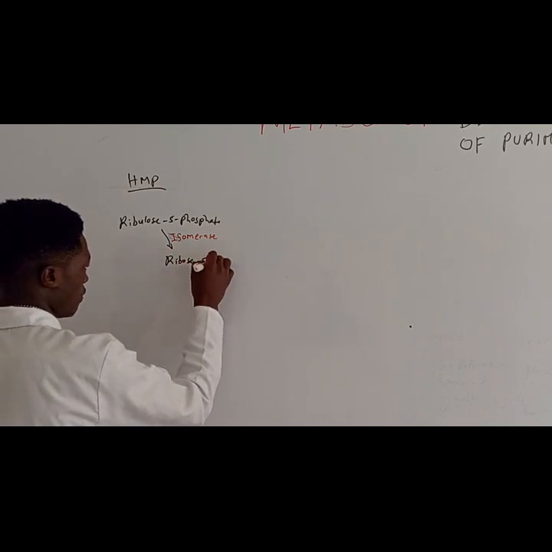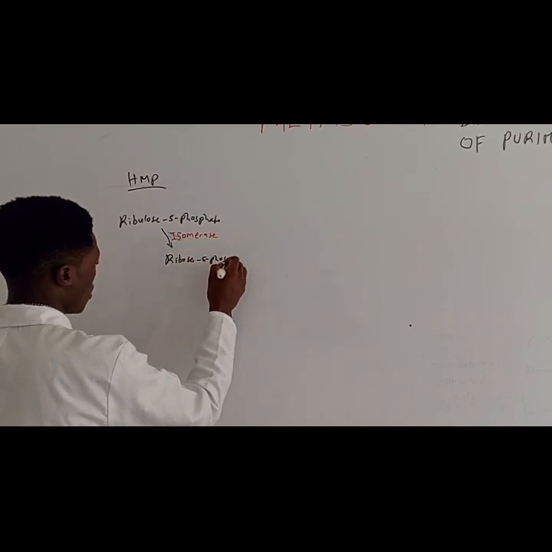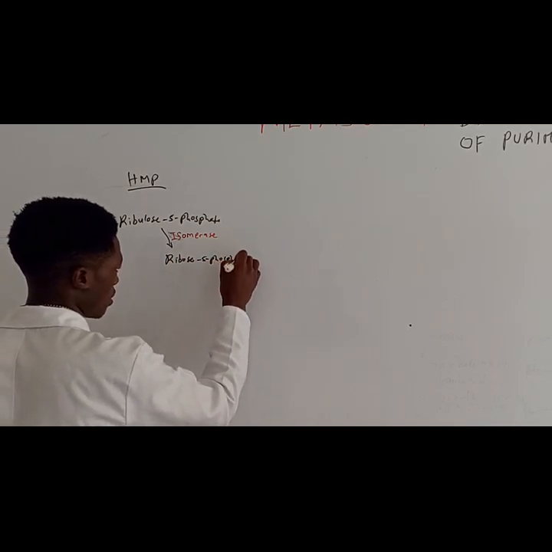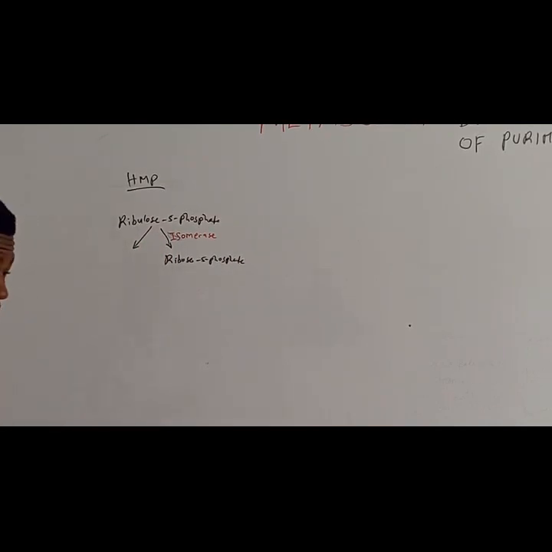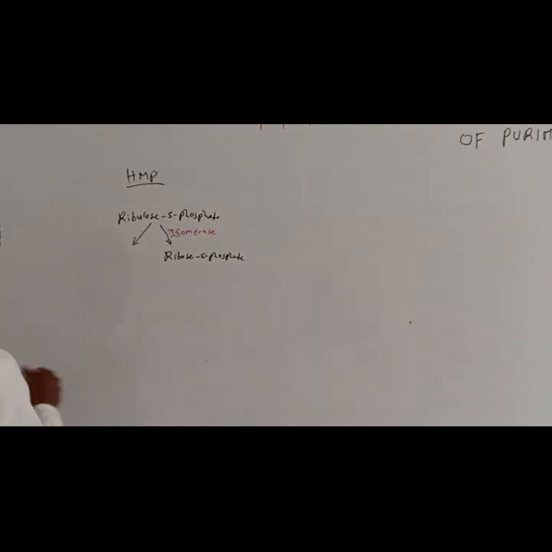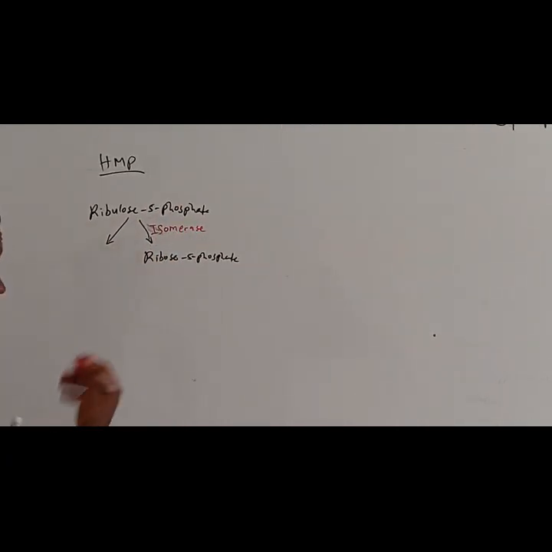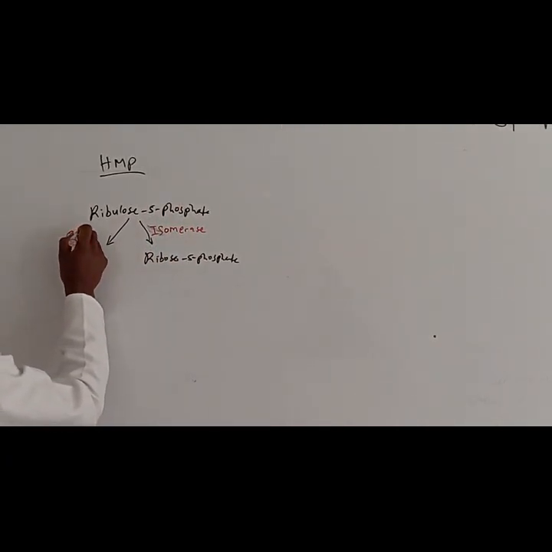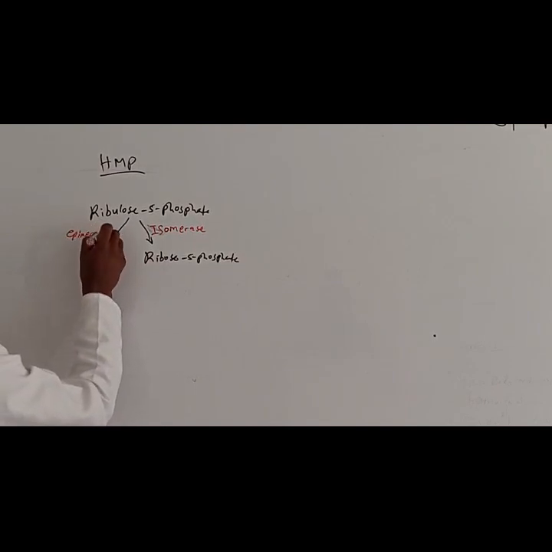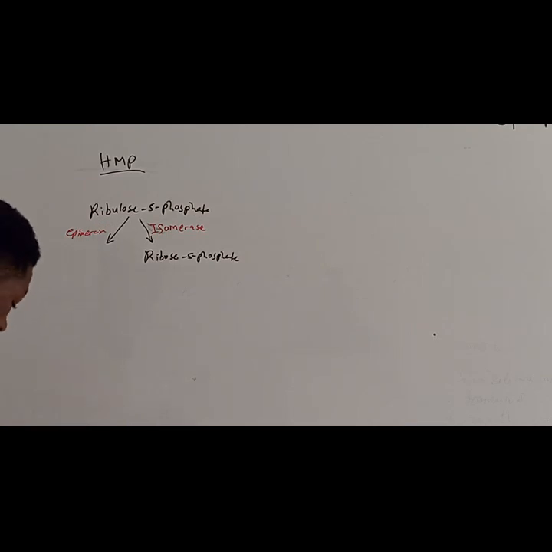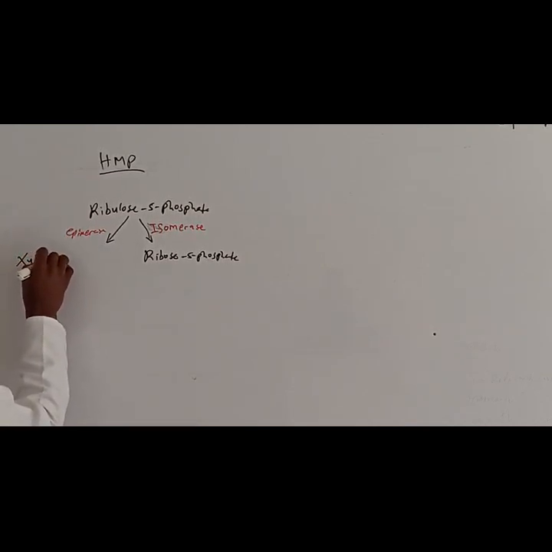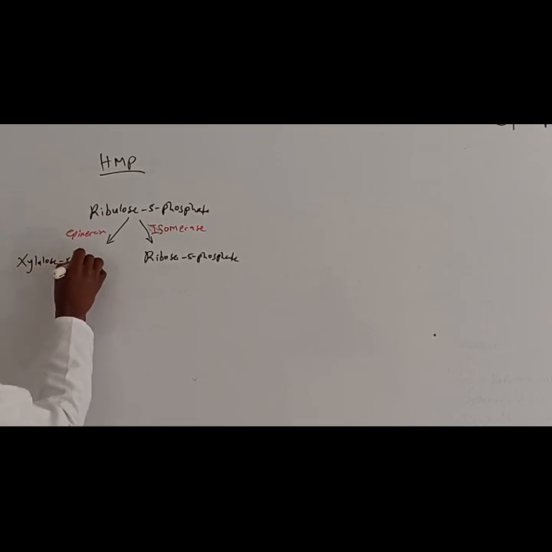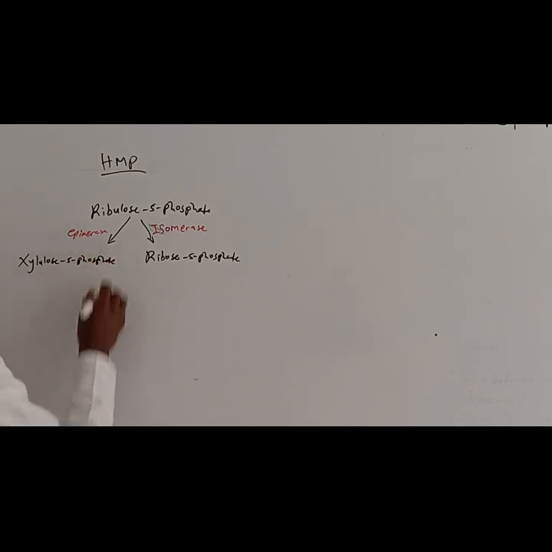Then, when it is acted upon by an epimerase, that is the ribulose 5-phosphate epimerase, we are going to get a molecule called xylulose 5-phosphate. Alright.